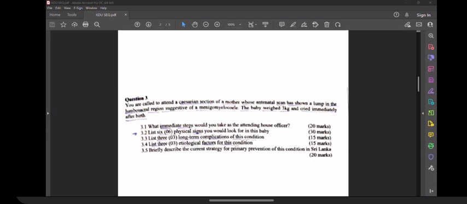Number one is whether the lump is covered by the skin or it is exposed to the exterior. If it is exposed, the risk of infection is high, and that may tell you that it is more a meningomyelocele than a meningocele. But if it is fully covered by the skin, it may be just a meningocele only.